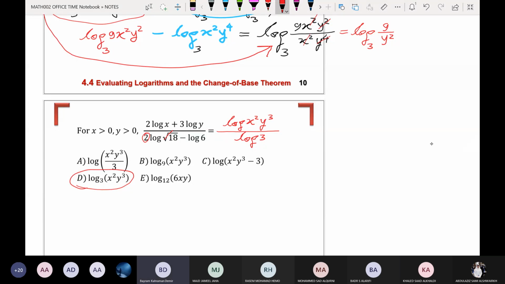So A and C are quite common mistakes, of course, because we are not clearly remembering the logarithm properties. This is a base change, you know. This is equal to logarithm of x squared y cube with base 3.